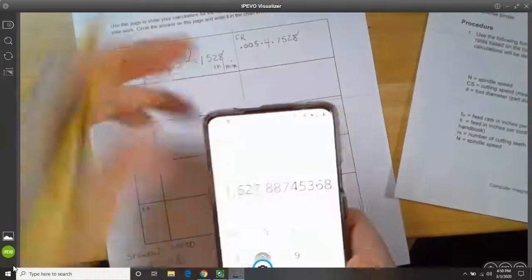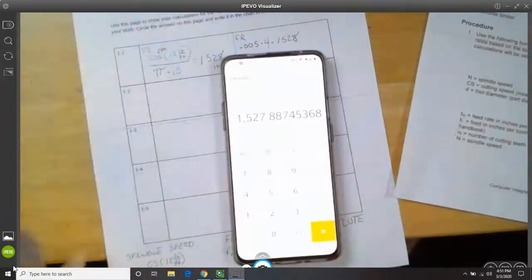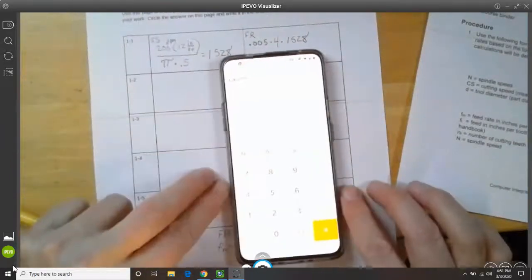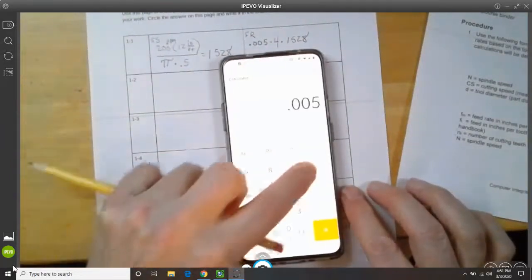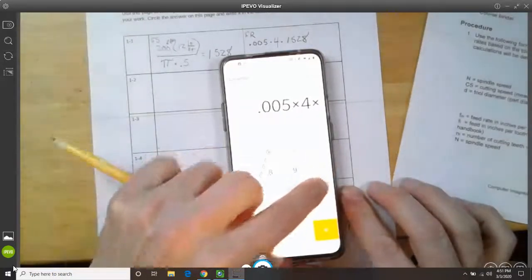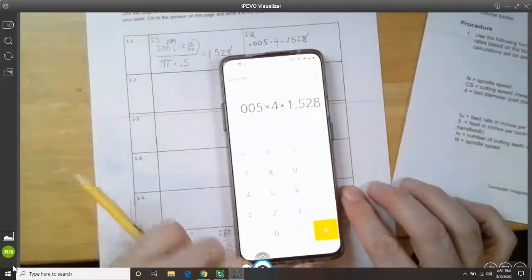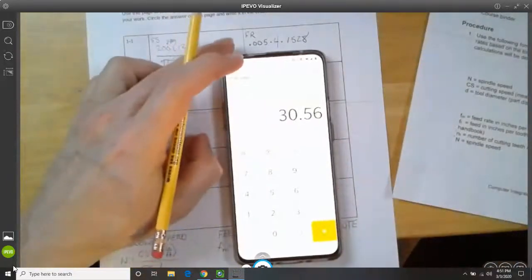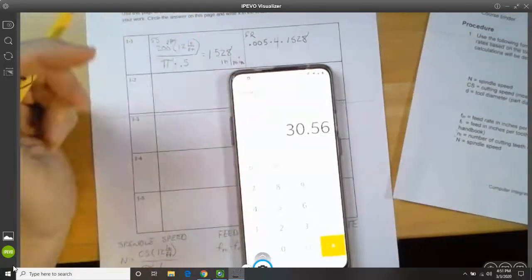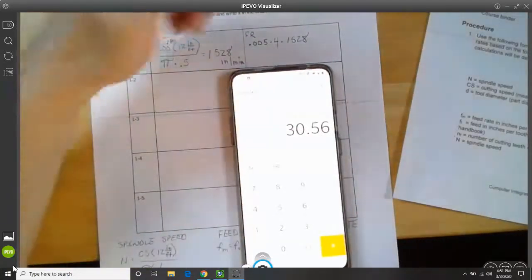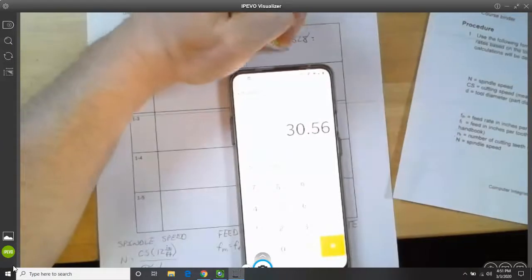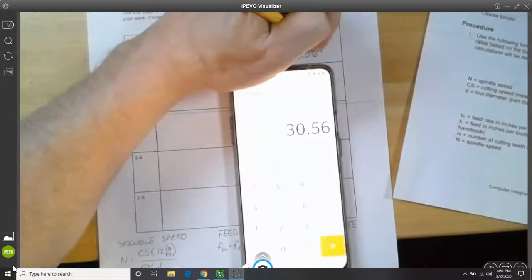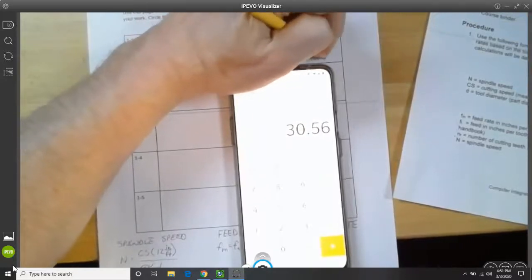The numbers are bigger, that may be a little bit better. So I'm going to take 0.005 times 4 times 1528, and that is going to give me 30.56 inches per minute. So this is going to be equal to 30.56 inches per minute.